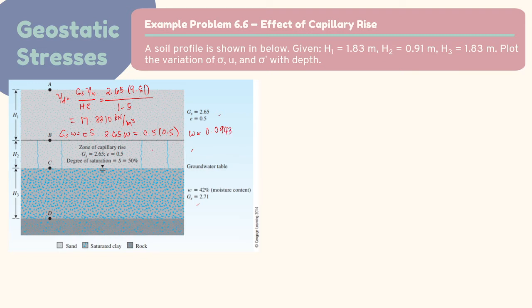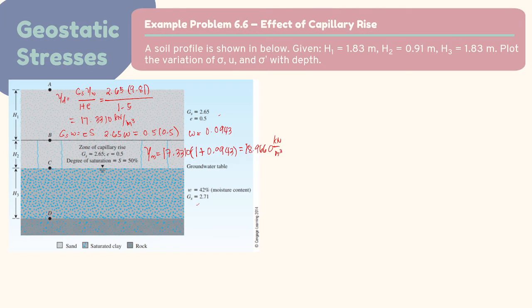Then the moist unit weight is equal to 17.3310 times 1 plus 0.0943, and our moist unit weight is 18.9660 kilonewton per cubic meter.